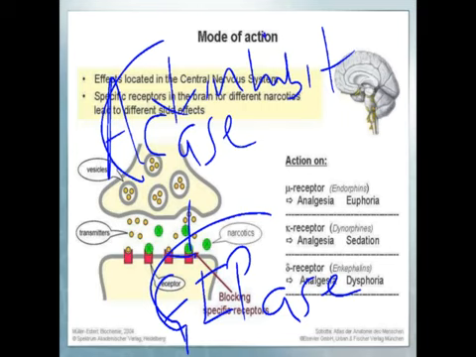When this takes place, it is difficult to release the neurotransmitter into the synaptic cleft, which is responsible for the transfer of pain impulses, and hence pain impulses are not received by the postsynaptic neuron. So that is the mechanism of action of opioid analgesic.